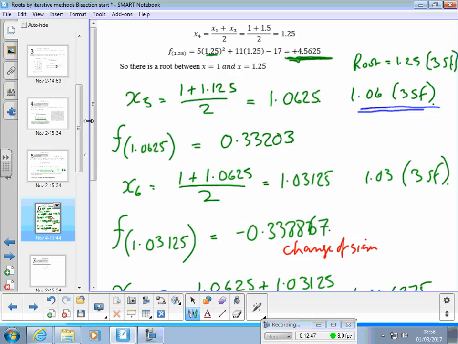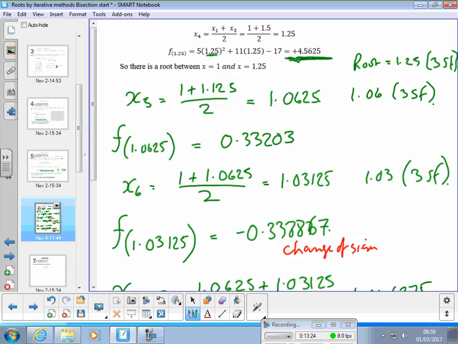So then we look at the function, got a positive, tells us between. Next guess, down to 1.03, put that in the function, 1.03125. You need to keep at least one, if not two, extra significant figures in that guess there. Maybe not all of them, some extra ones, otherwise you're going to go wrong.